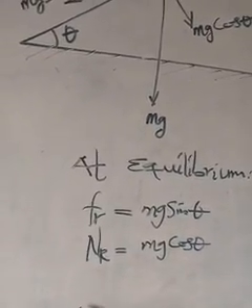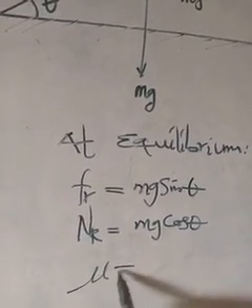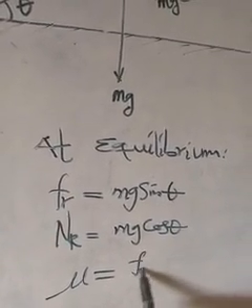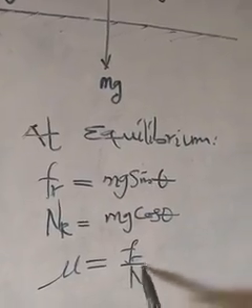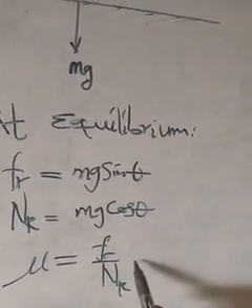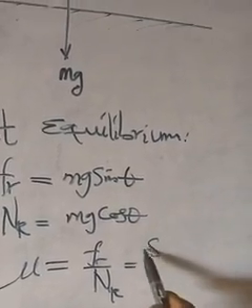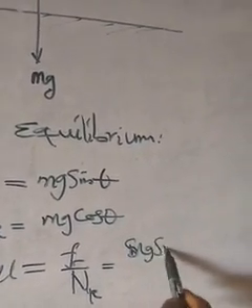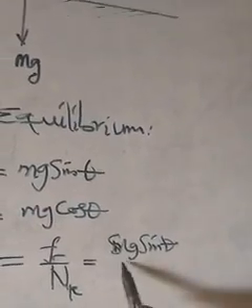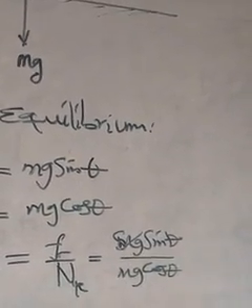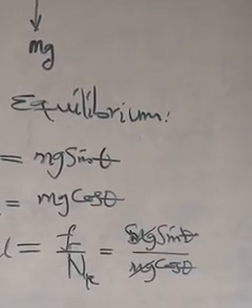Then from here we can bring in our coefficient of static friction, which is frictional force over normal reaction. We now have mg sin theta over mg cos theta. The mass and gravity will cancel each other.